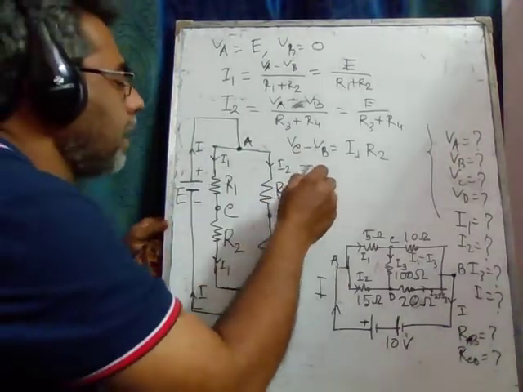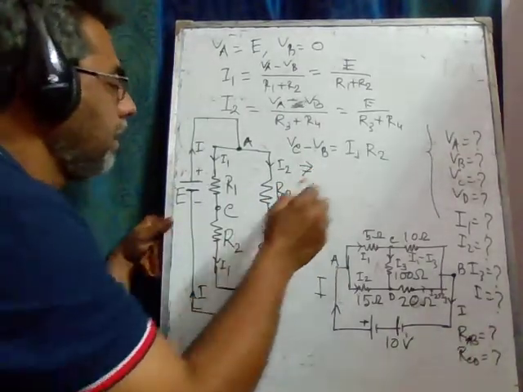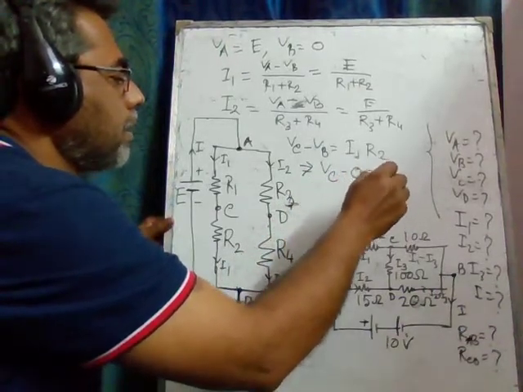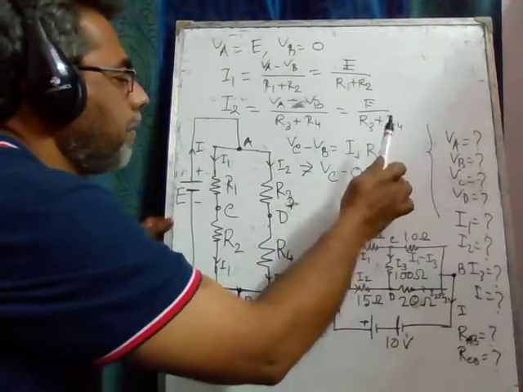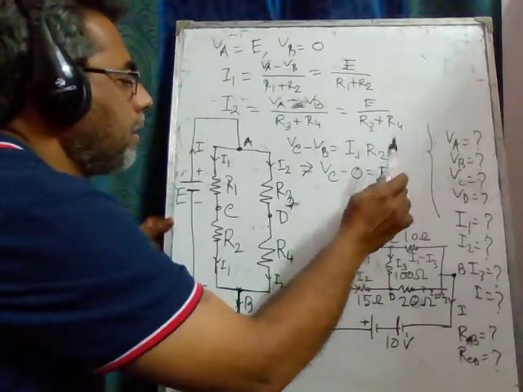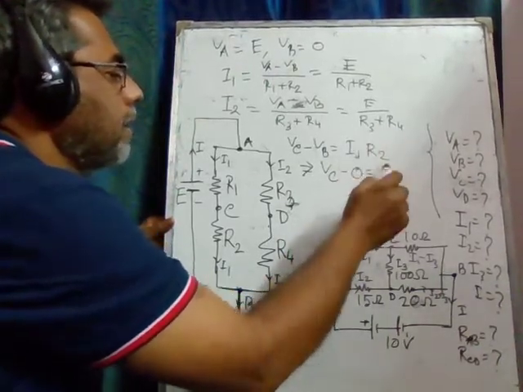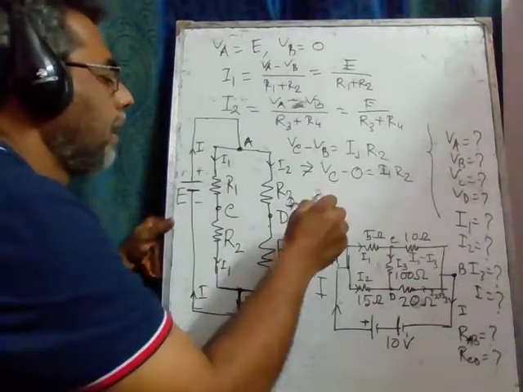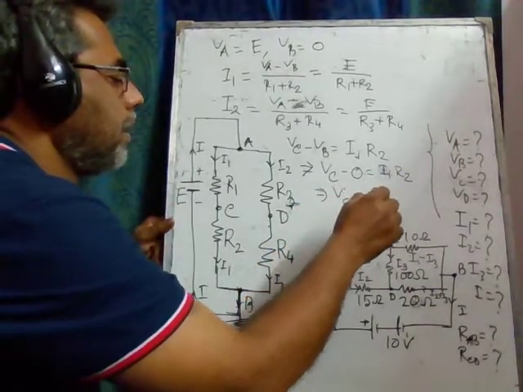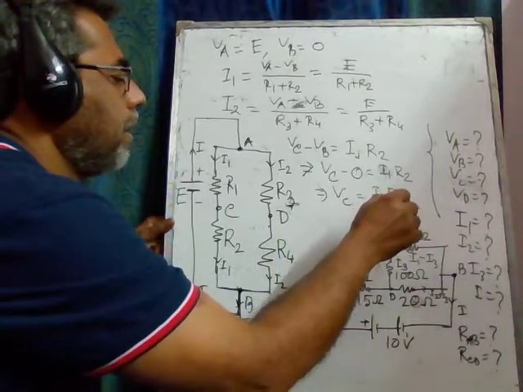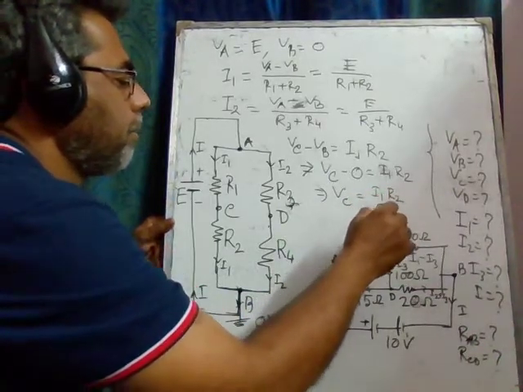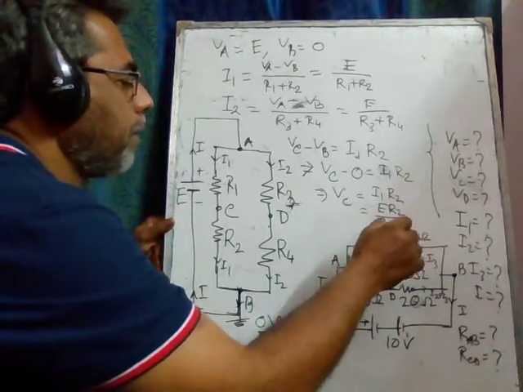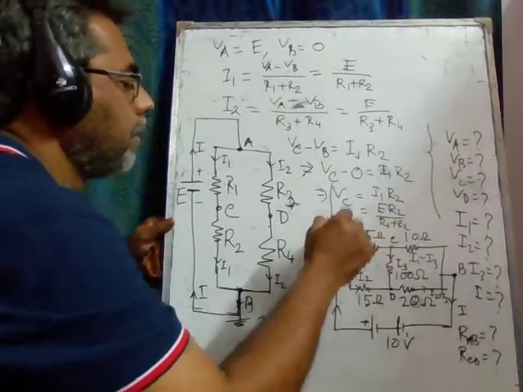This gives VC minus 0 equals I1 R2, which is E R2 over R1 plus R2.